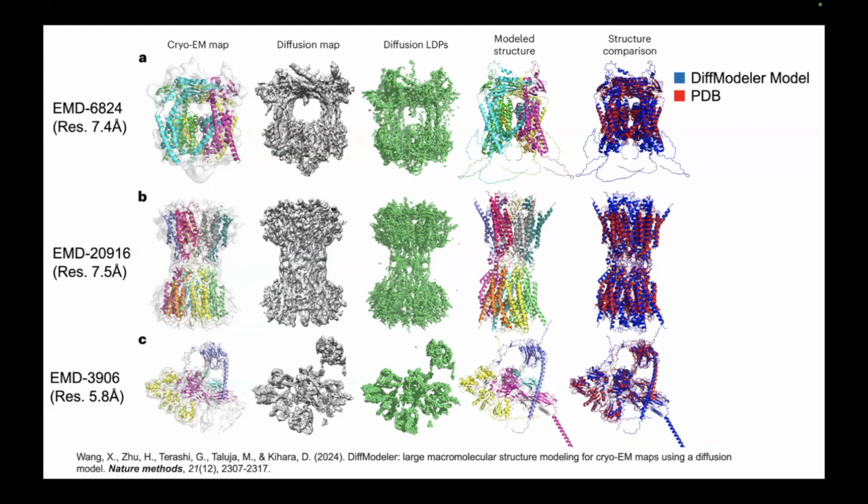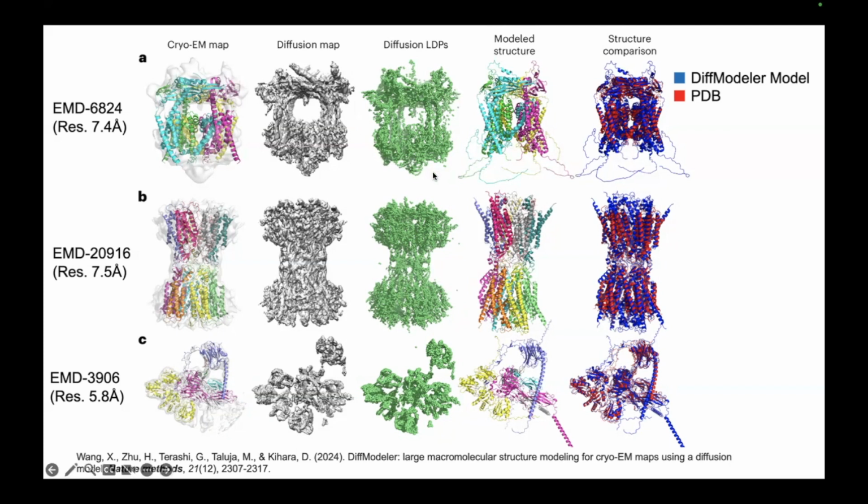These rainbow structures, with different chains, show the native deposited PDB structures. It's also showing the original cryo-EM map. Then by using the diffusion model, it enhances the backbone positions. So even if the input map has a lot of noise or is a strange low resolution map, the diffusion models enhance the backbone positions.